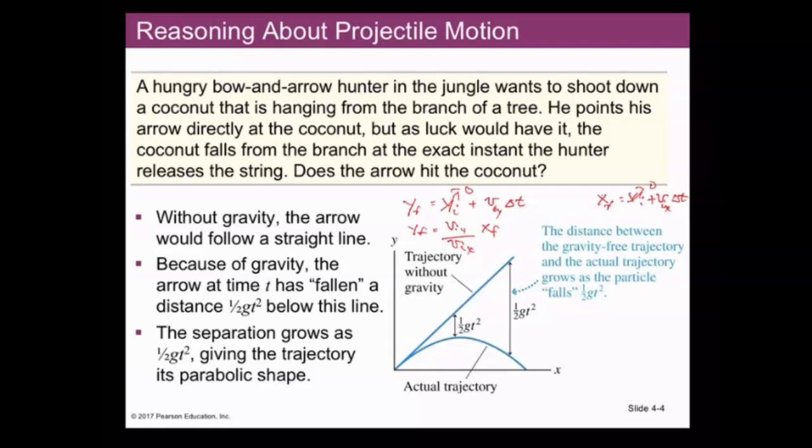But now let's turn on gravity. What happens to the y equation if we have gravity involved, the acceleration due to gravity? Then we have to add this extra term, minus 1/2 gt squared.